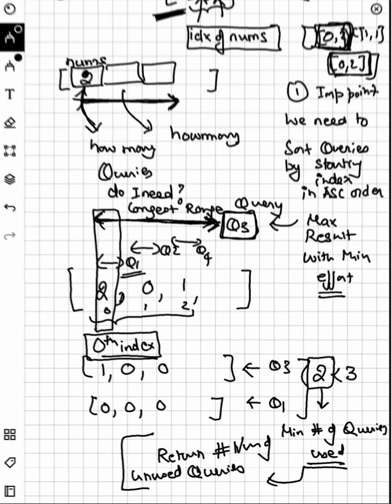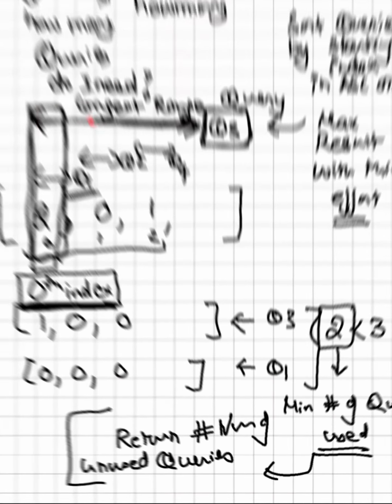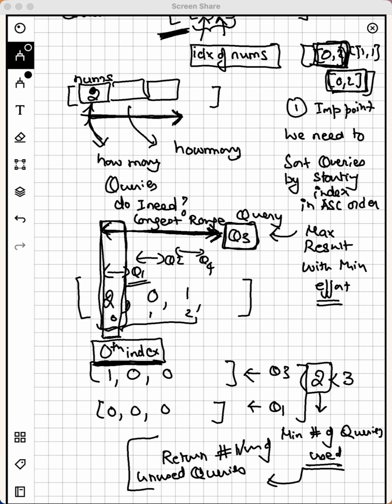Apologies, there was a little bit of a technical snag. What I was saying here is that at any starting point, let's say we're starting at the 0th index, what we want is the longest range query from there.